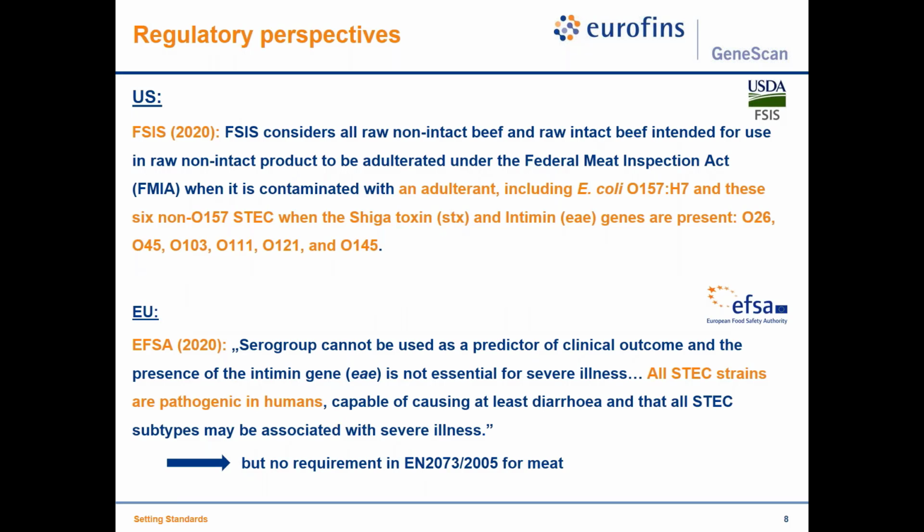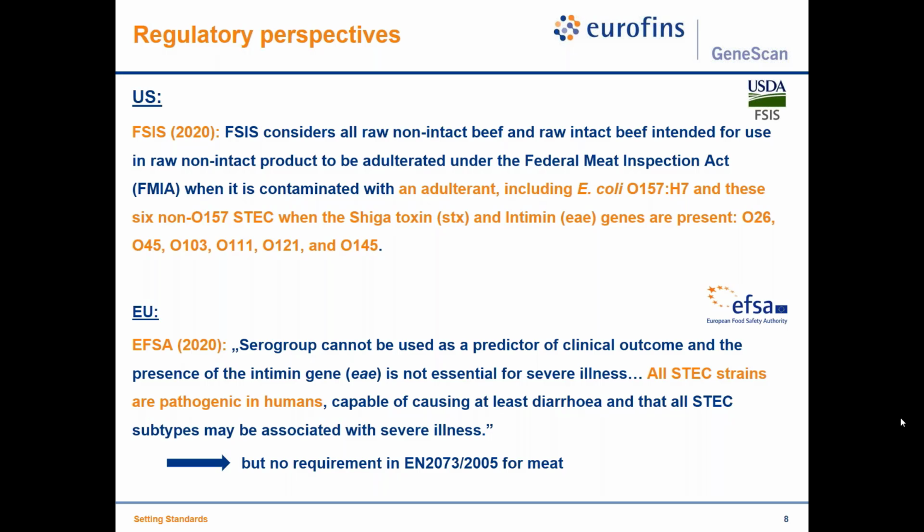So if we look at the different statements from the regulatory bodies, I wanted to take 2 examples because they're very much on the opposite poles if you look at it from the definition point of view, what an STEC is. One is the US situation. We have already mentioned that on the slide before, but if we look a little bit more into the details of what it actually says, the definition is quite narrow when it comes to the STEC.